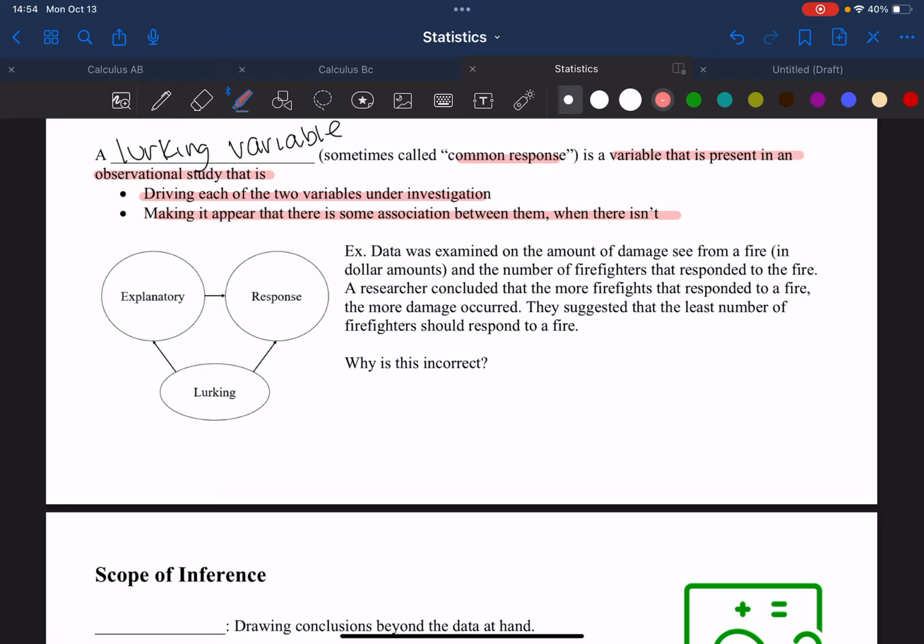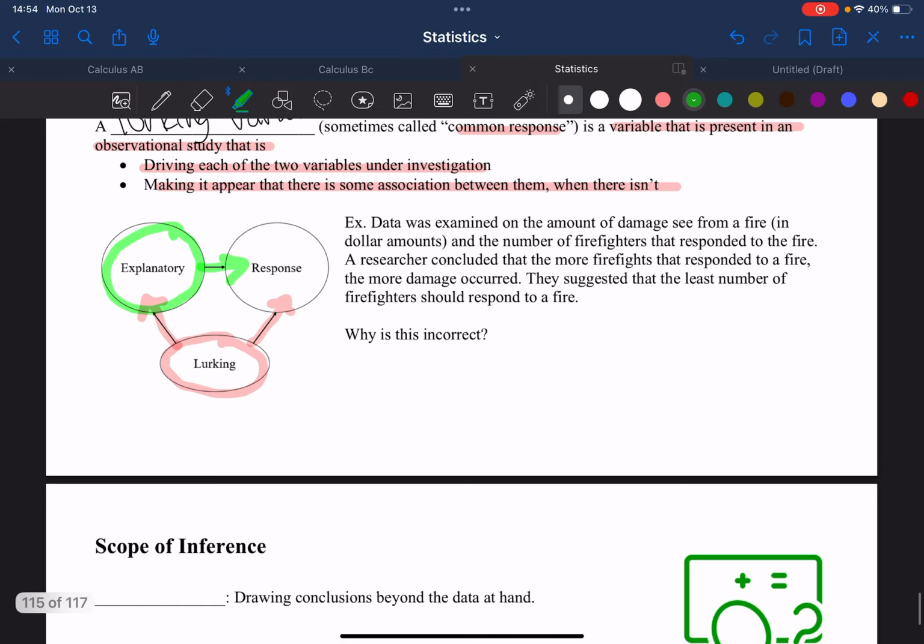Well, why is this incorrect? So what's happening here is that this lurking variable is playing an effect on the response and the explanatory variable, and the explanatory variable is also having an effect on the response variable. Okay, so this is not correct because of the lurking variable.